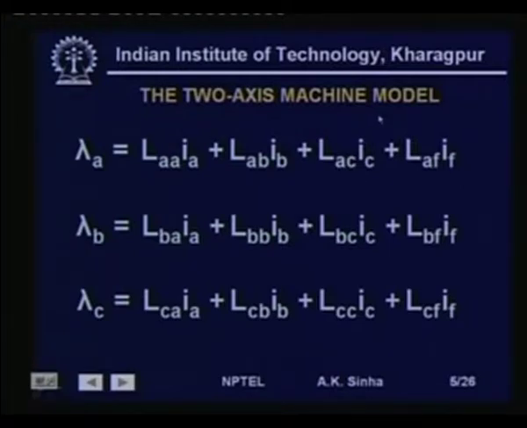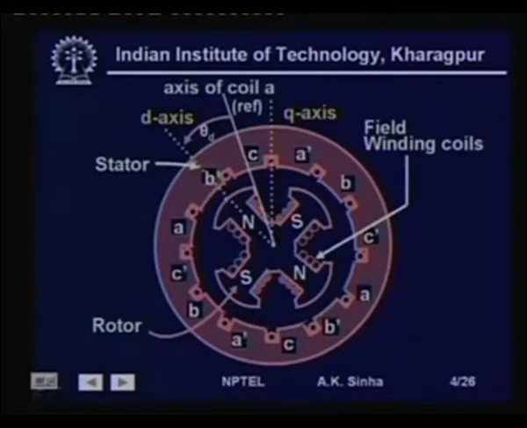That is, the inductance of the rotor is going to remain constant, though the inductances L_AF, L_BF and L_CF will be varying, because the axis of the rotor coil is going to be different from the axis of the particular phase stator coil, and therefore, L_AF, L_BF, L_CF will also be time varying.